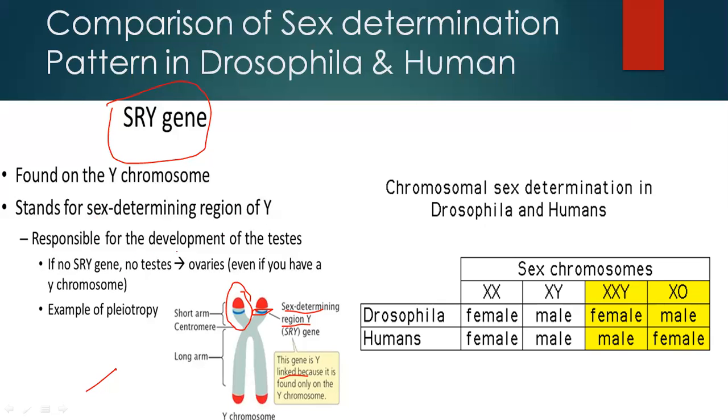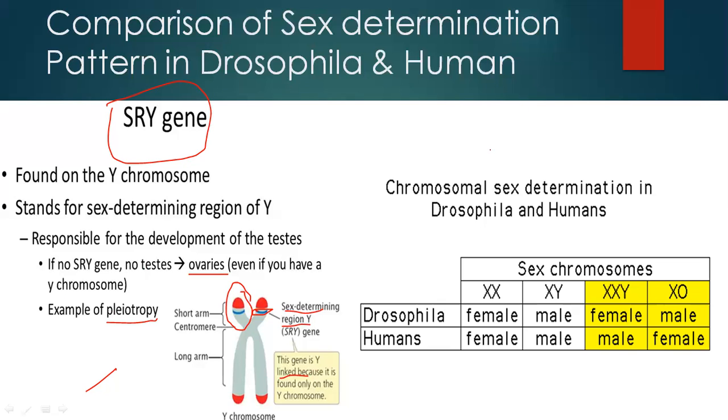And if there is no SRY gene, no testes are formed, and definitely that will lead to the formation of ovaries, whether the Y chromosome is present or not. If the SRY gene is not working, it means that the Y chromosome is not functioning here, and the organism is a female.